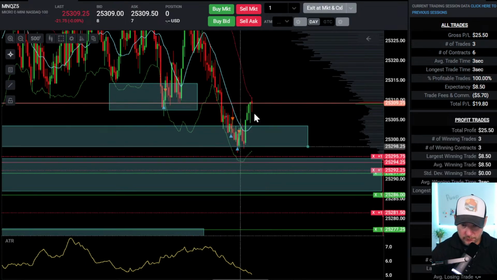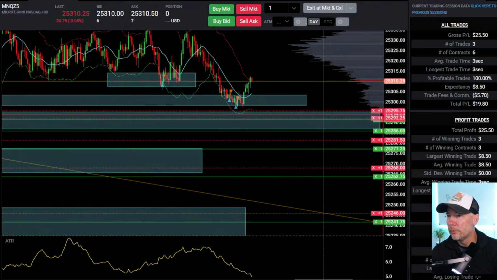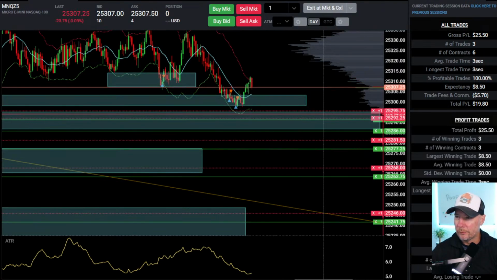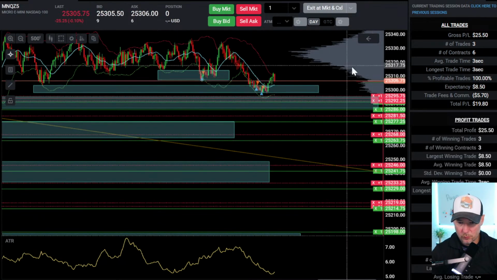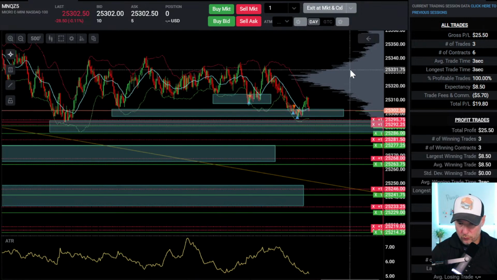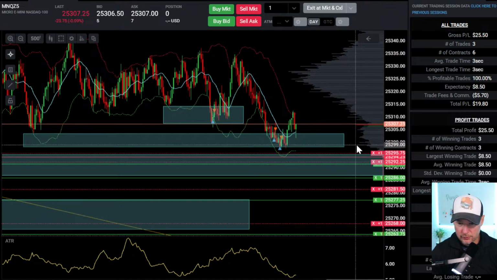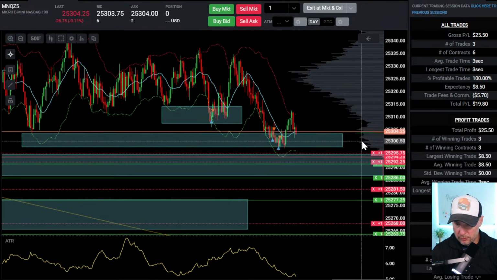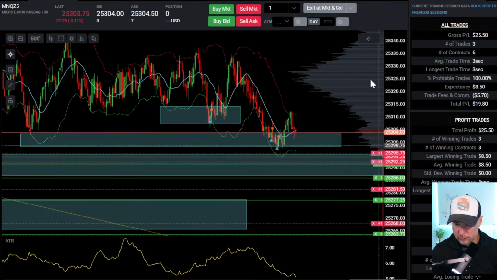I'm gonna get a two-legged pullback here. 1, 2, potentially, yeah. Get a bounce here. Feel like we're maybe getting some traction.